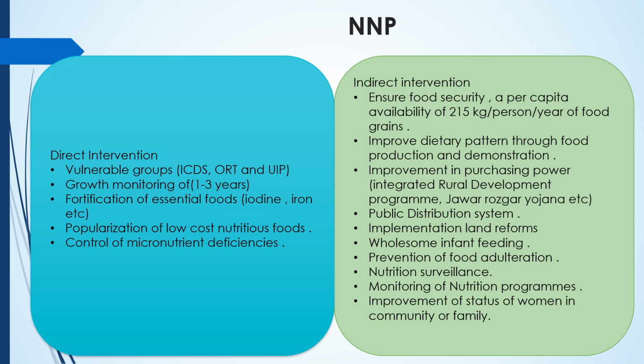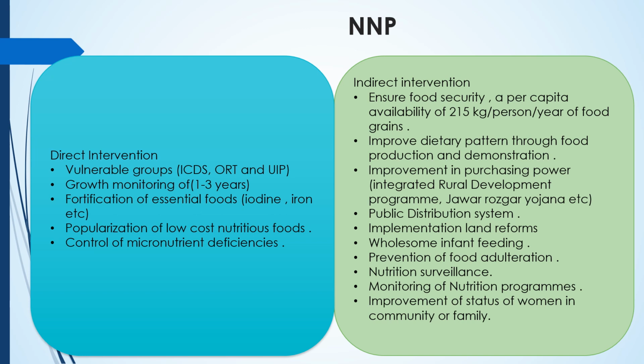Growth monitoring is done as a direct intervention for preschool children. Fortification of essential foods such as iodine and iron addresses the deficiency of iodine and iron. Popularization of low-cost nutritious foods and control of micronutrient deficiencies are some of the major interventions carried out under the direct and short-term interventions.